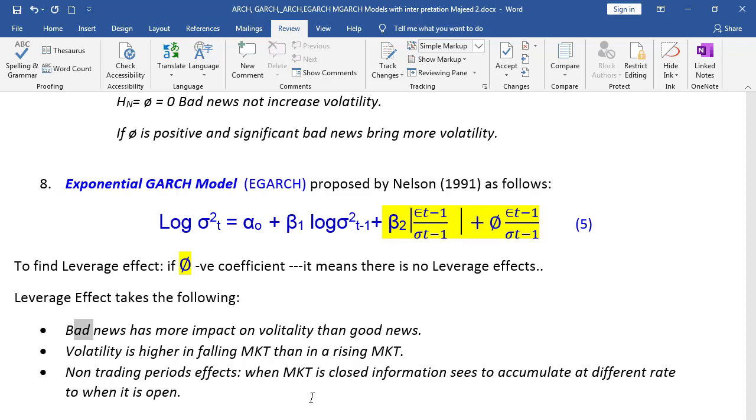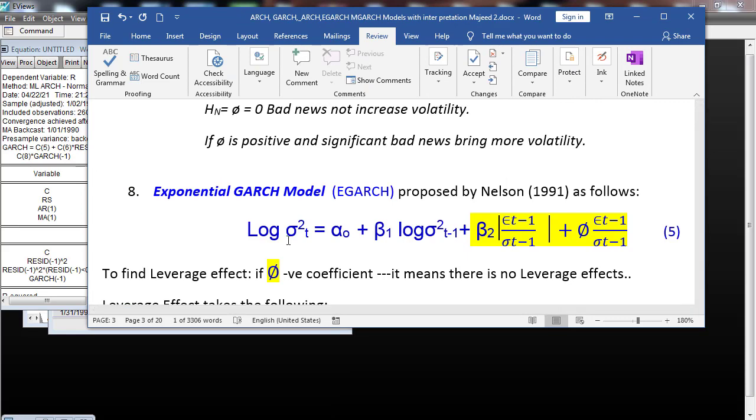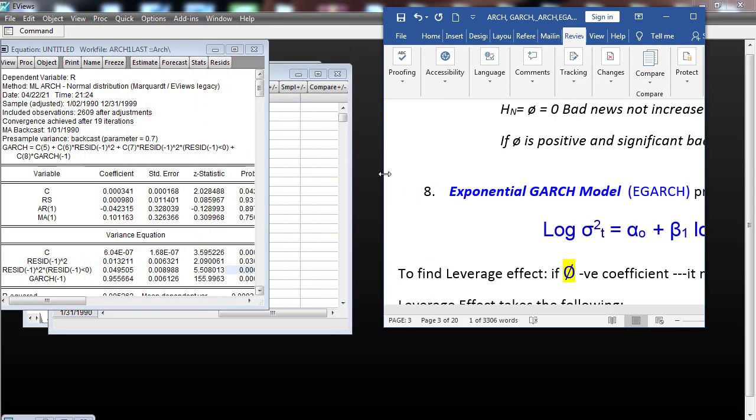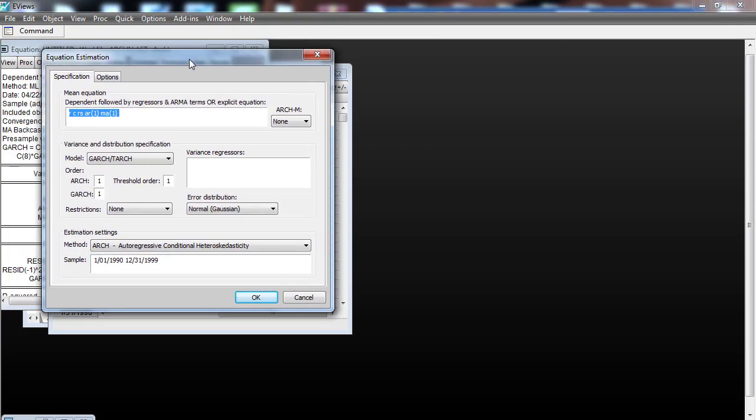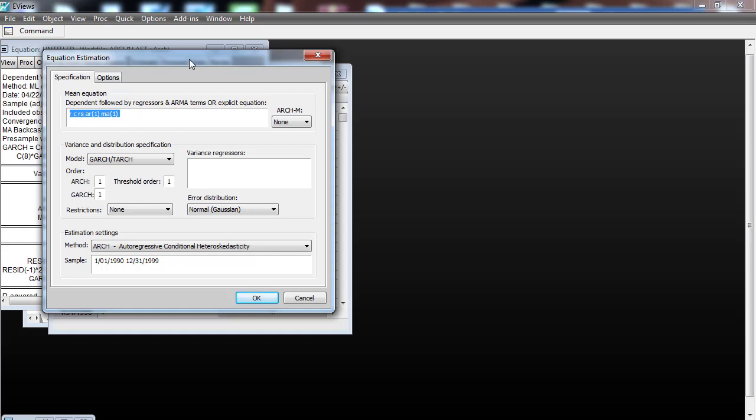Okay, so in ARCH I'll go to eViews, as you can see it here. Let me just minimize it. Okay, this is eViews. I'll go to estimate, and here we can see the EGARCH model with the logarithm, we can apply it to estimate the equation here.